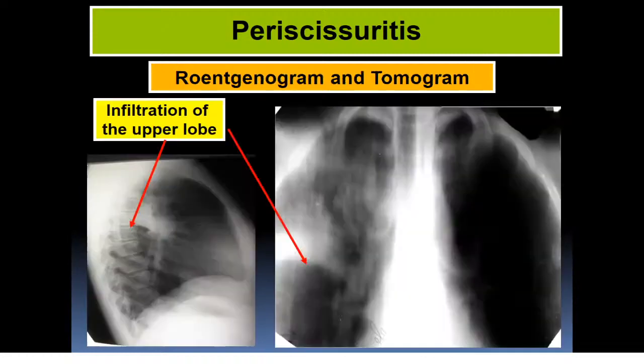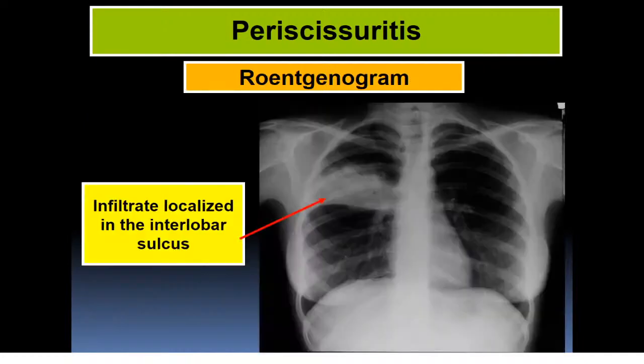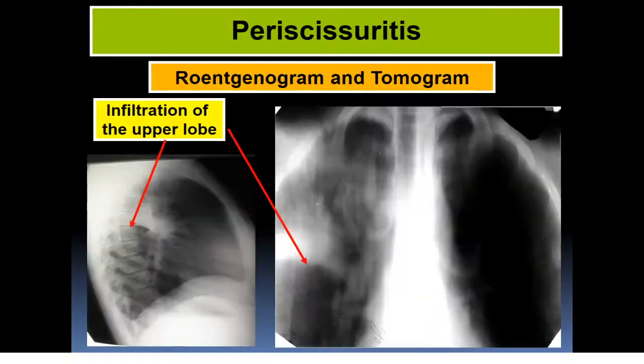And in this type of infiltrate, pain in the chest prevails because the visceral pleura is affected also. On this X-ray, in lateral view, you can see infiltration of the upper lobe along the main fissure, and the lower border of this infiltration is clear.